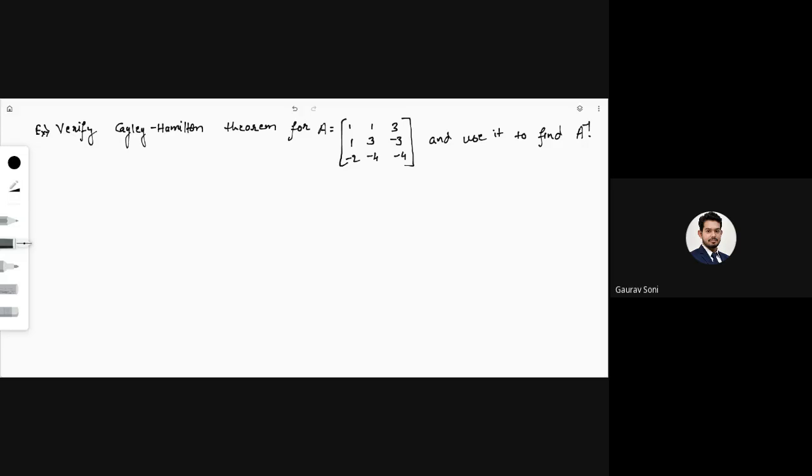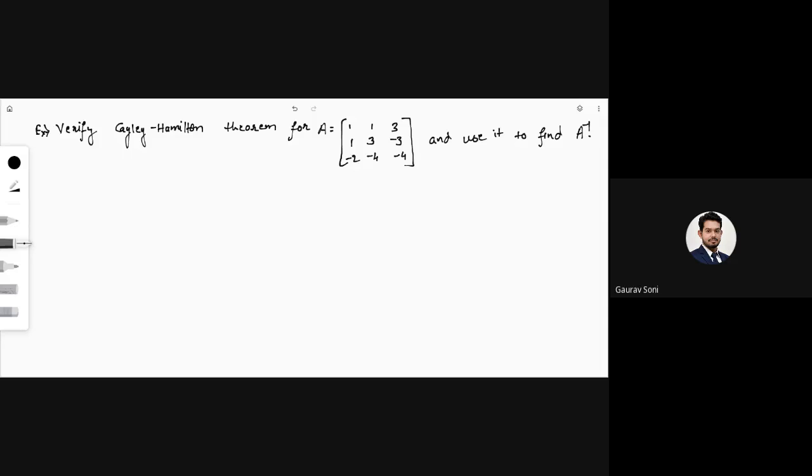First of all, let me just confirm. Did Sachin sir teach you how to use your calculator to find these eigenvalues? No, sir. So I will highly recommend this. Whether our exam is online or offline, in both cases you will have to find eigenvalues.